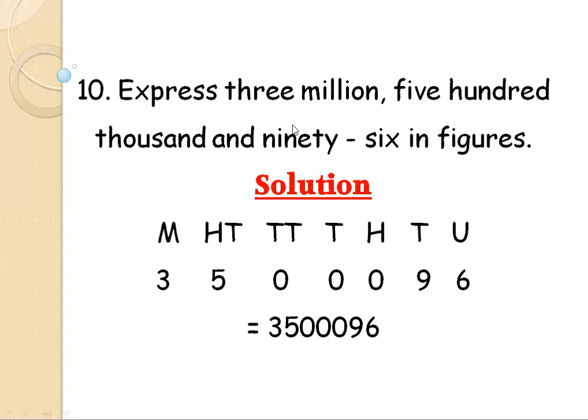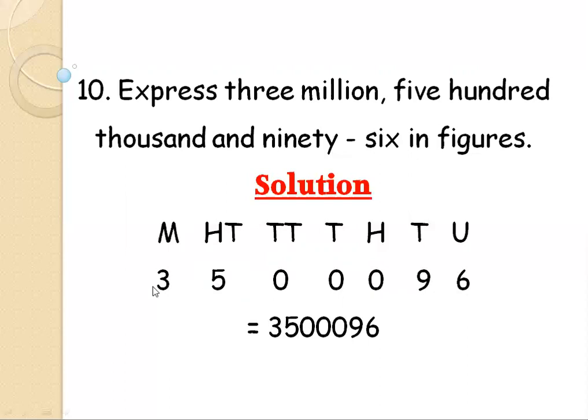I have 3 million, so my 3 will be under million. 500,000, my 5 will be under 100,000. I don't have anything on 10,000, so I'll write 0. I don't have anything on 1,000, I'll write 0. I don't have anything on 100, I'll write 0. And then I have 96. So my tens is 9 and my units is 6.